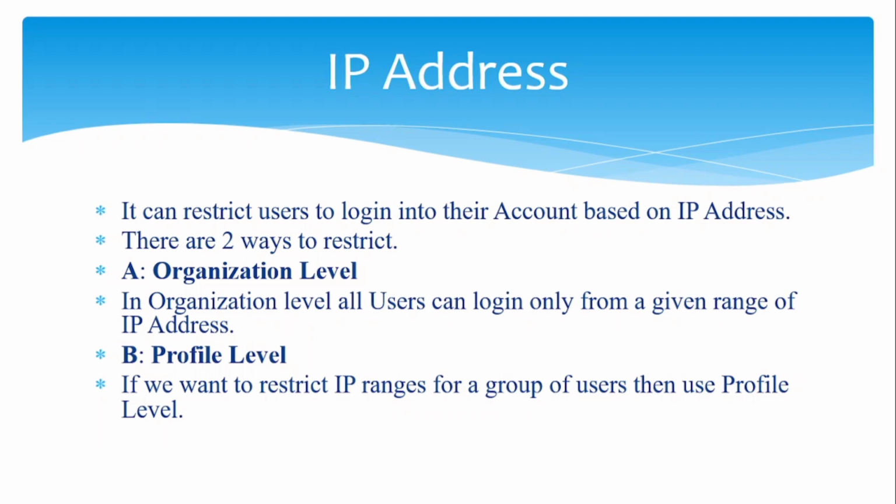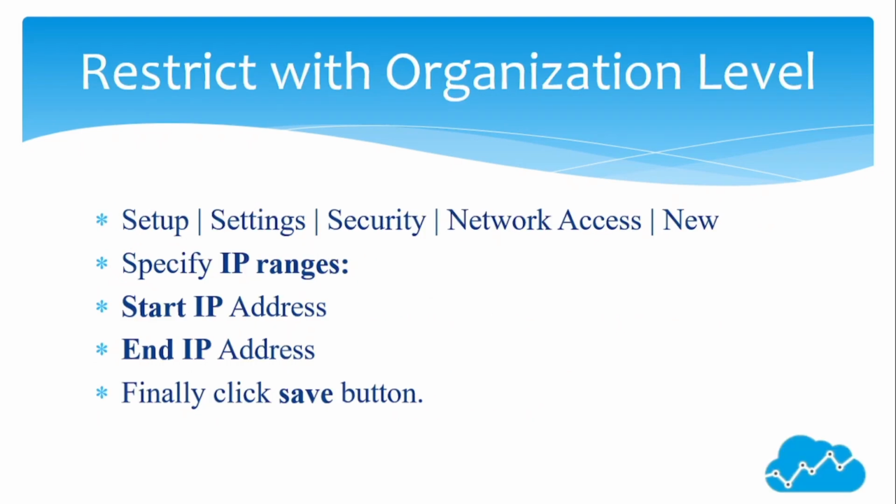If we want to restrict IP ranges for a group of users, then use profile level. Restrict with organization level: setup, settings, security, network access, new. Specify IP ranges, start IP address, end IP address, finally click the save button.